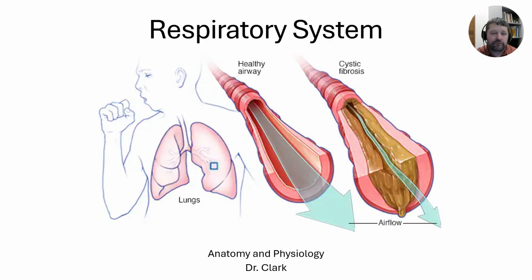A lung transplant, of course, is a very invasive procedure. You have to have donors that have good lungs, etc. And lots of individuals died from cystic fibrosis because they didn't have the capabilities of lung transplants or treating this.